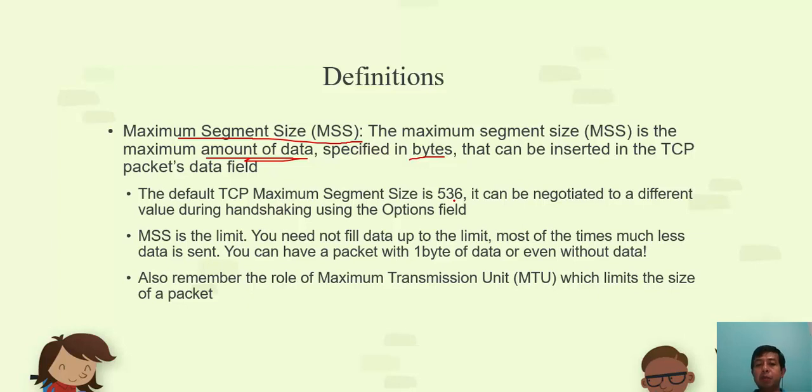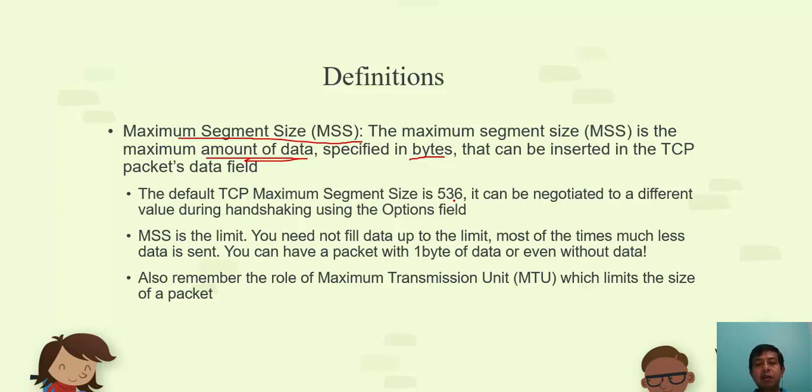Now this is the default maximum segment size. The two sides can negotiate a different maximum segment size depending on their capabilities. If they are capable of using a higher maximum segment size, they can negotiate at the beginning. When they negotiate, we'll see later on. But they can negotiate saying, let us use a maximum segment size of, say, 1000.